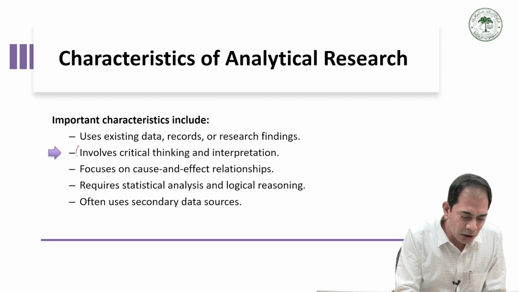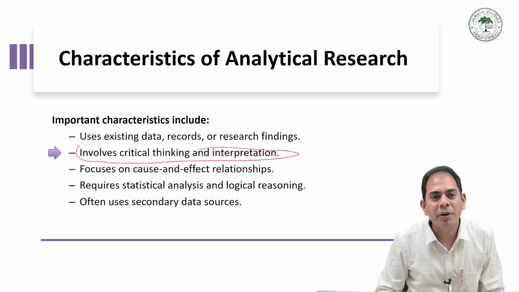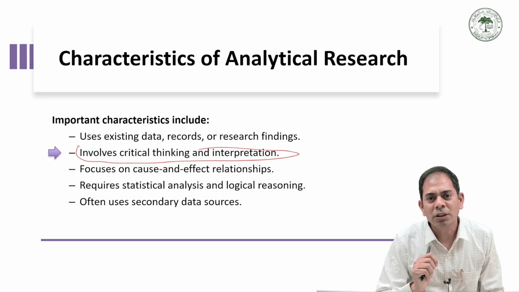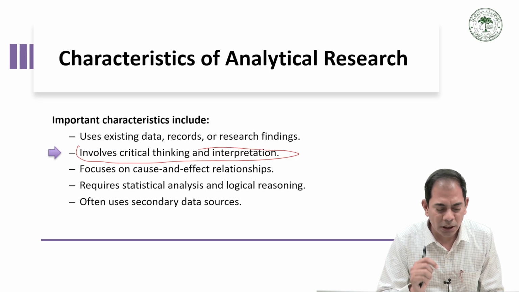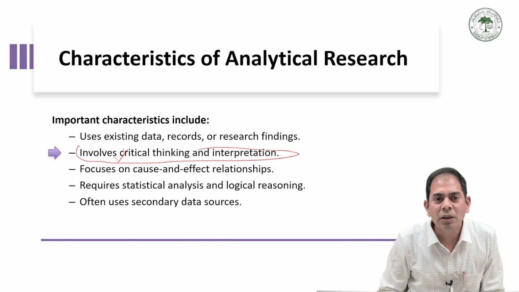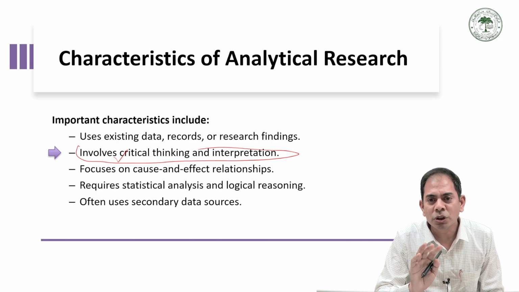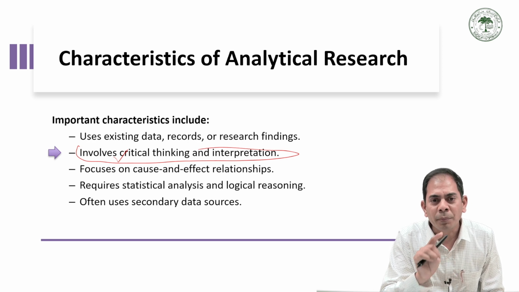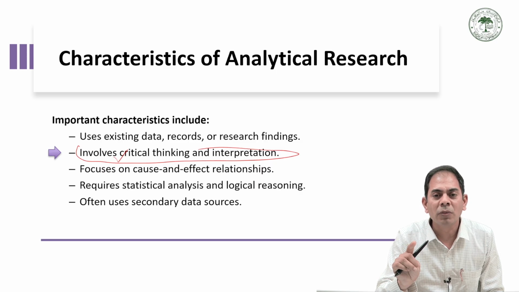Next is that it involves critical thinking and interpretation. Dear learner, another important characteristic of analytical research is that it involves critical thinking, and importantly, interpretation. In this type of research, a researcher does not simply collect the information but carefully examines, compares and interprets the available data to understand its meaning, to understand what the data speak.